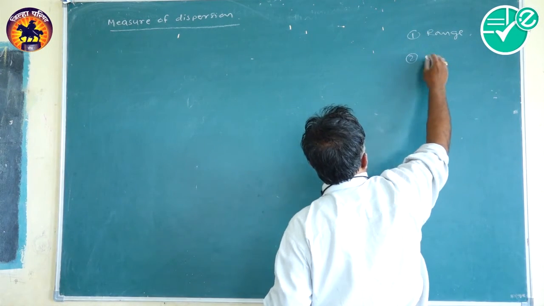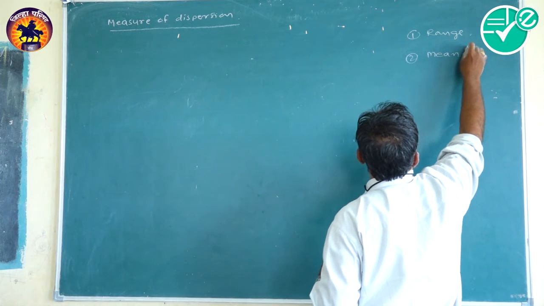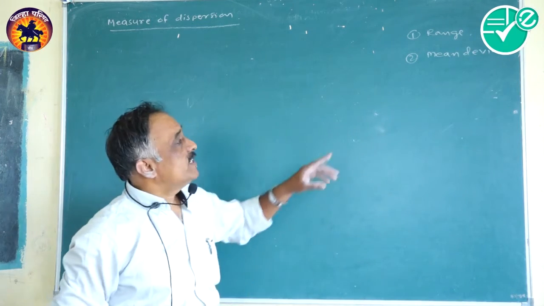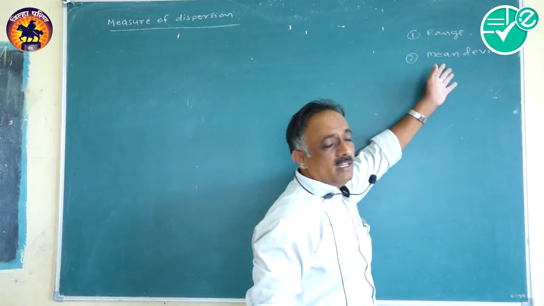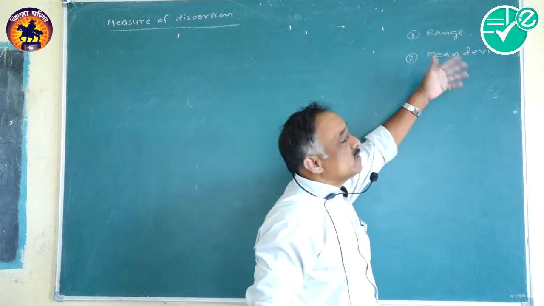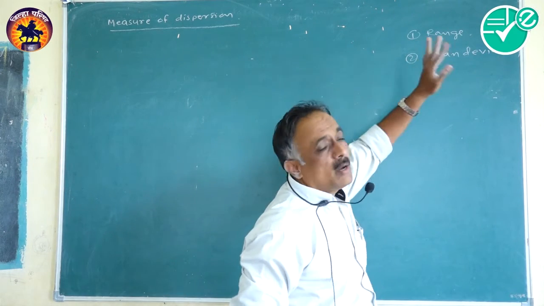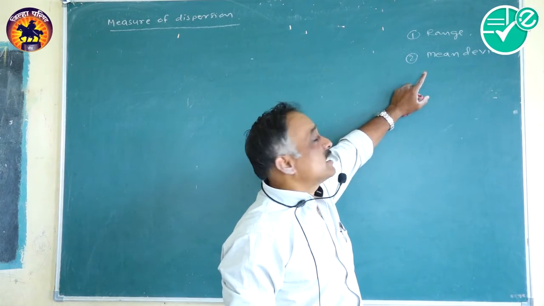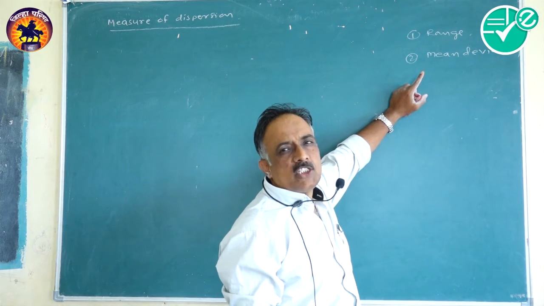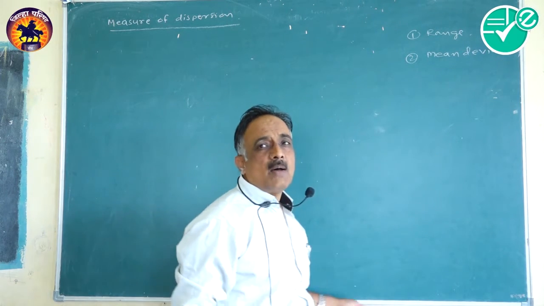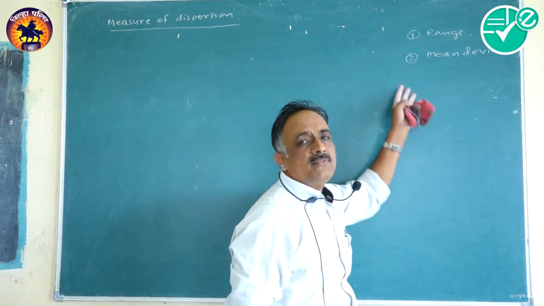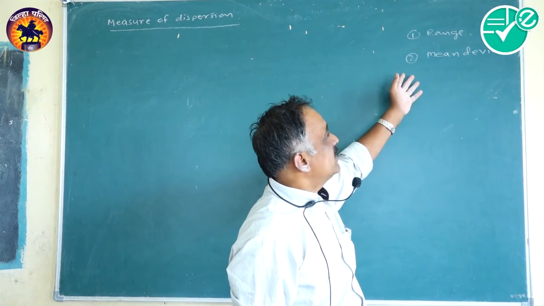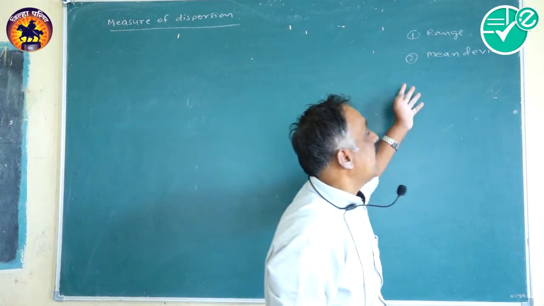Then secondly we studied mean deviation. In the mean deviation we discussed 6 different formulae. If the data is ungrouped data, then mean deviation about mean and about median. If the data is grouped data with discrete frequency distribution, we get how to find the mean deviation about mean and median. And lastly, if the data is a continuous frequency distribution, then how to find the mean deviation about mean and about the median.